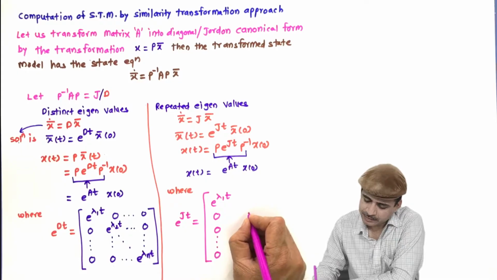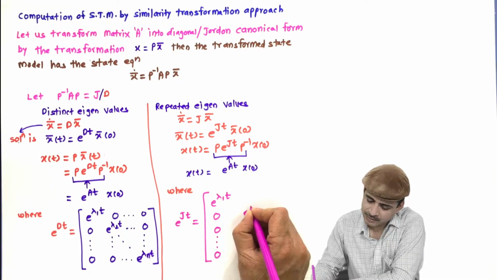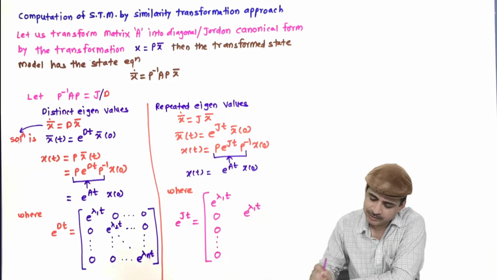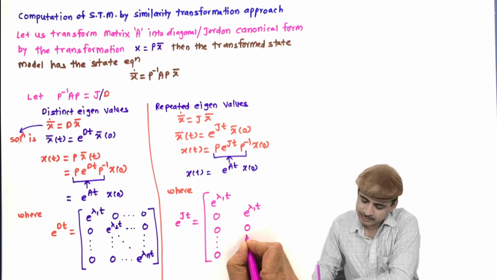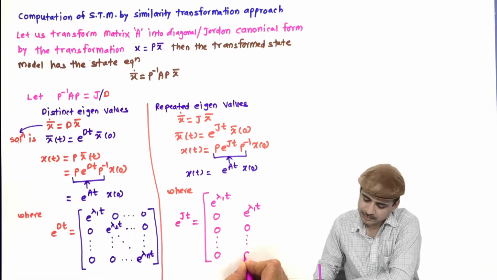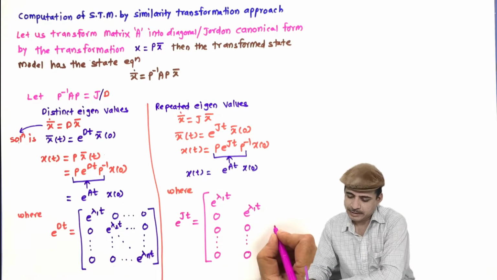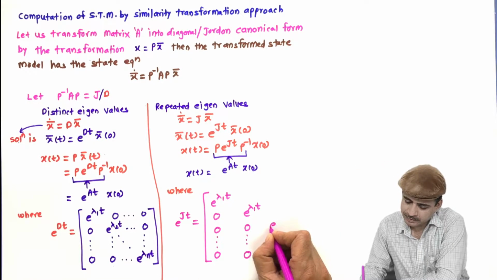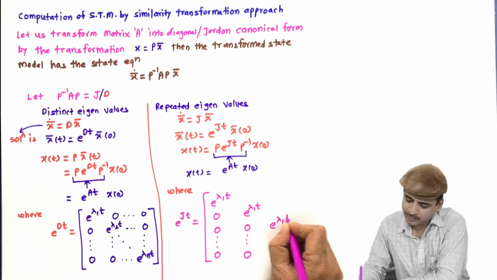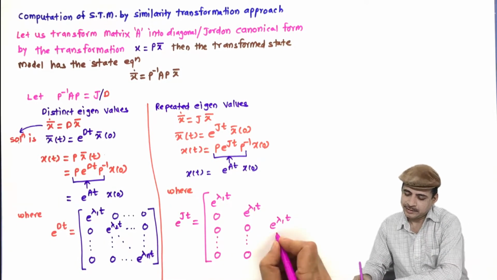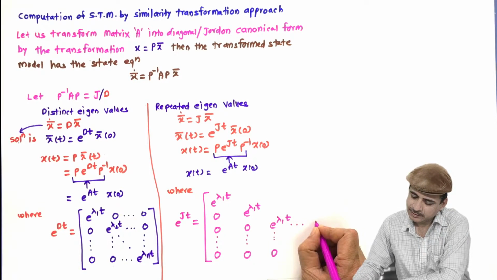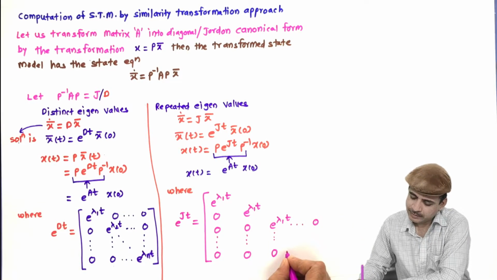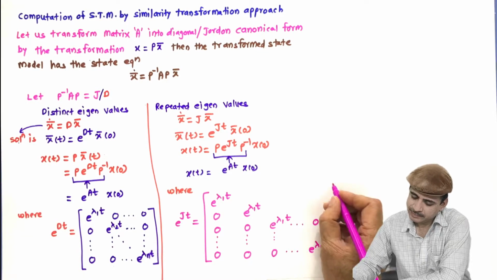Then here I will have another e raised to lambda 1 t, then 0, then here I will have another e raised to lambda 1 t, and the remaining are 0, and in the same way this will be e raised to lambda n t.